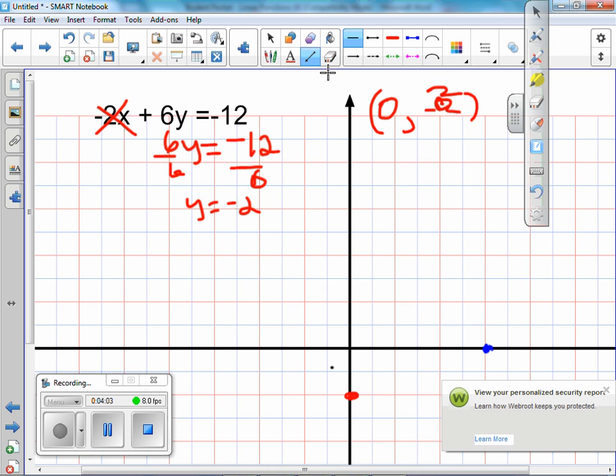Now we just simply graph it. If we graph the 2 points, let me go back, undo. That wasn't exactly there, so let's do it right here.